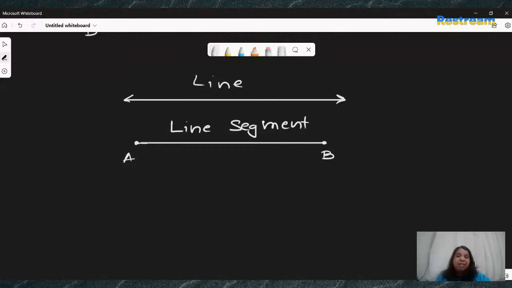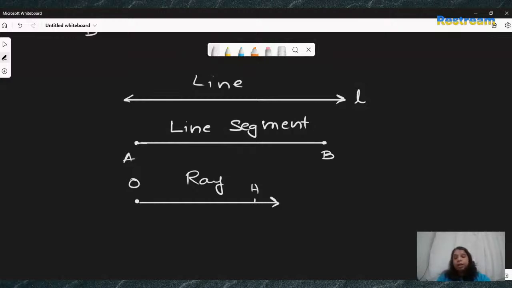This AB is a line segment. A line is generally named with a small letter in front of it. So we will call it line L. And next one is a ray, like we saw in the angles. It has one starting point, but it keeps on going. So let's say OA is a ray. Okay, it starts at one point, but it can keep going.